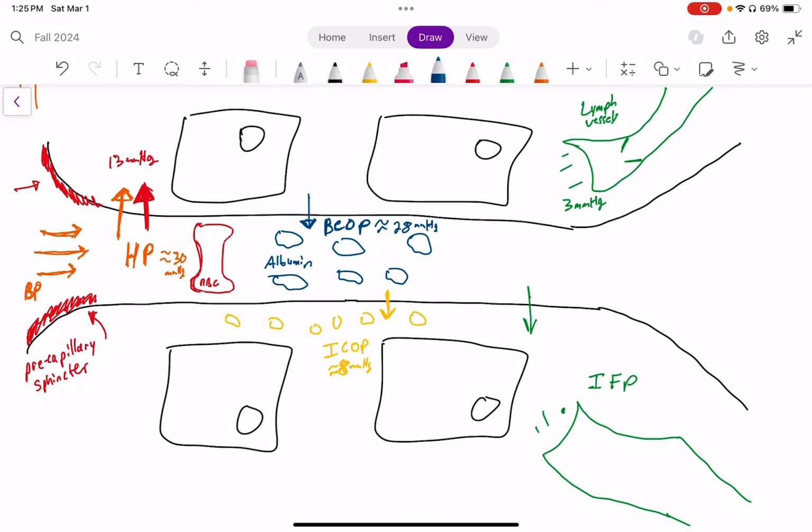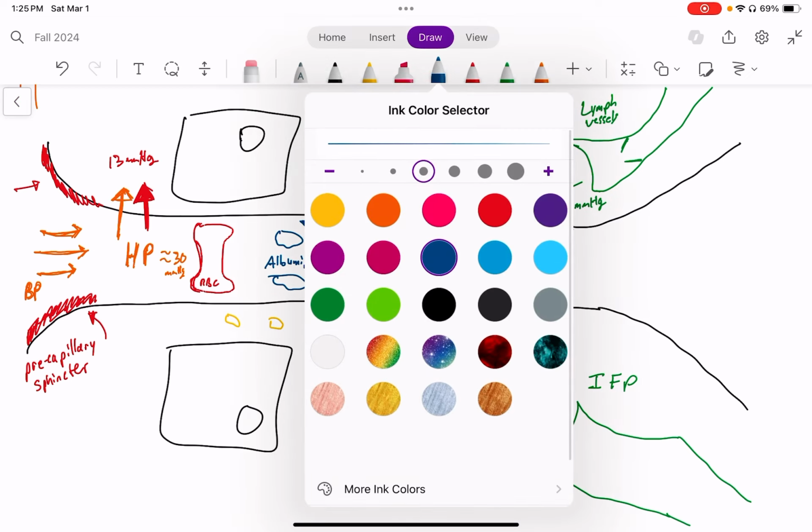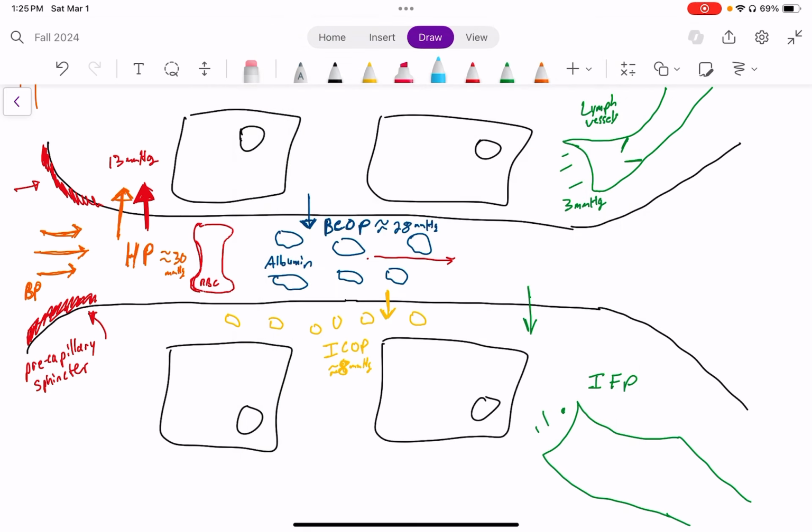Now, what happens is as blood continues to be pushed down the capillary, it eventually gets deoxygenated because the cells are pulling oxygen from the blood, and oxygen diffuses freely across the membrane, right? What happens is hydrostatic pressure, or the pressure exerted by blood pressure, actually decreases. And so over here on the venous end, it's only around 10 millimeters of mercury.